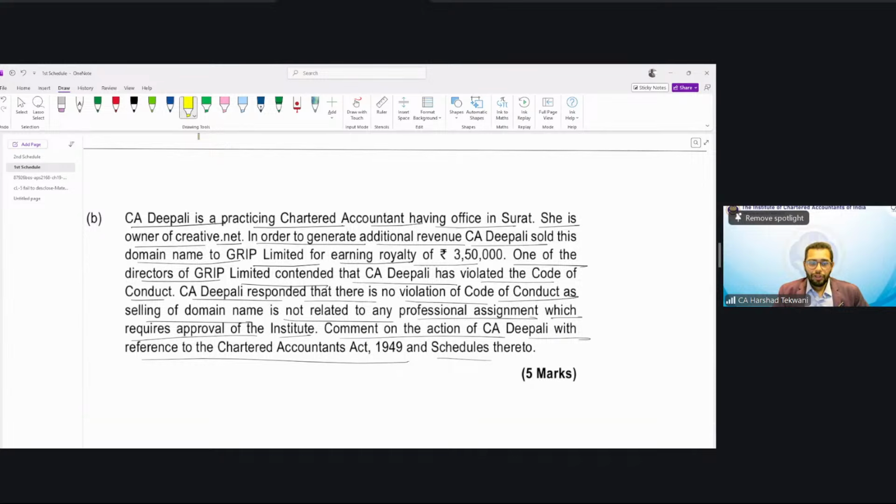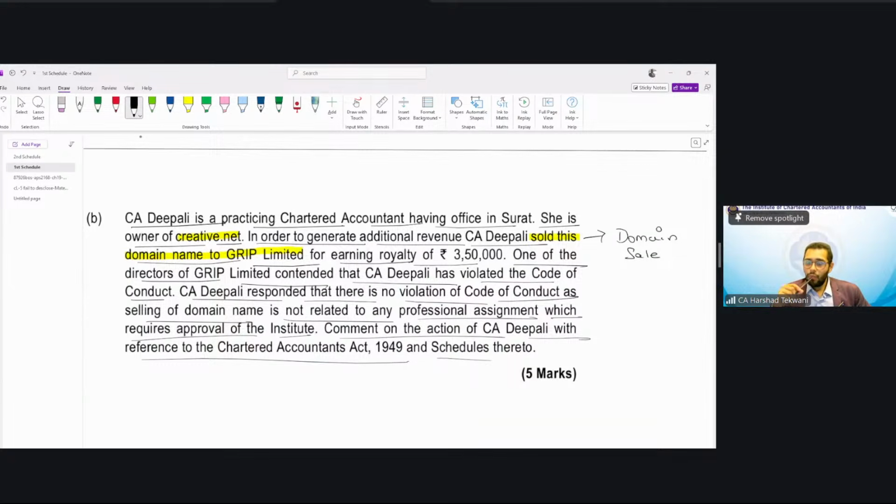So there is a domain sale. She was the owner of creative.net, and in order to generate additional revenue, she sold this domain to a particular company and she earned a royalty. Now, something different is happening in this question. Domain sale.